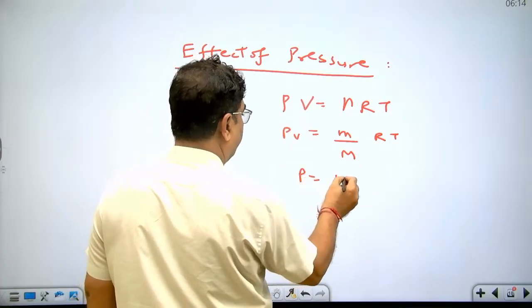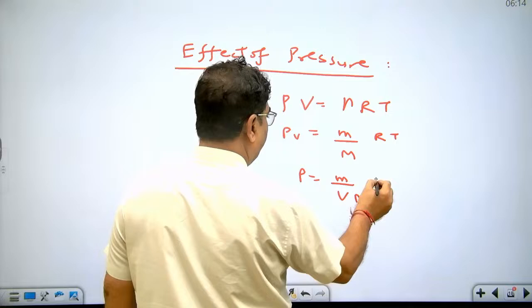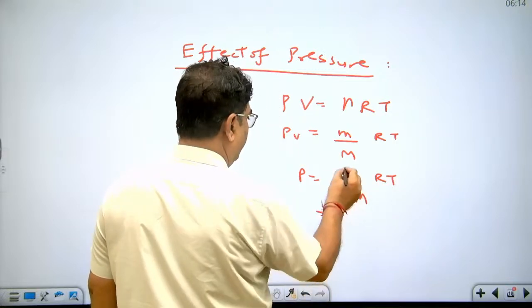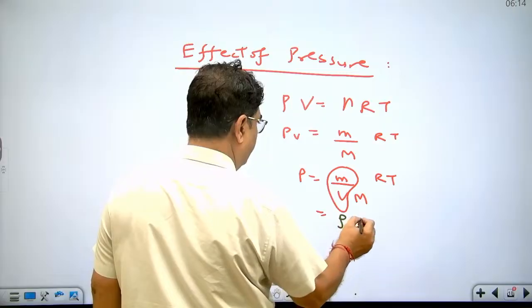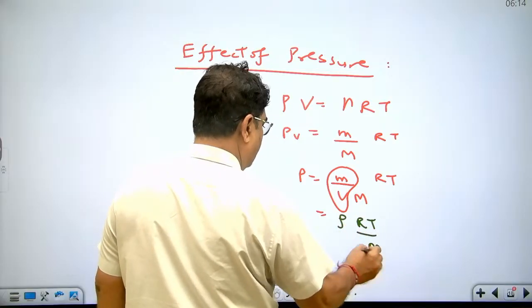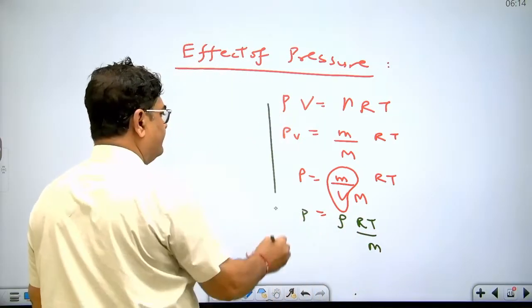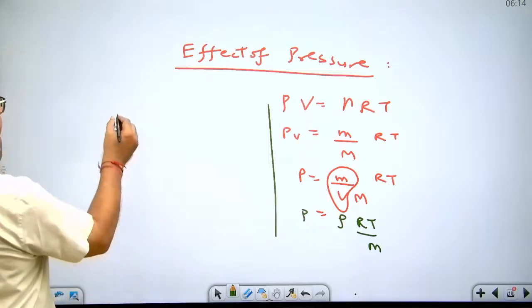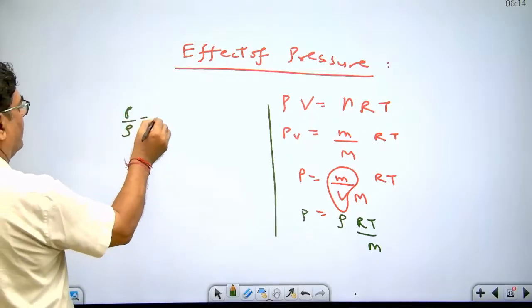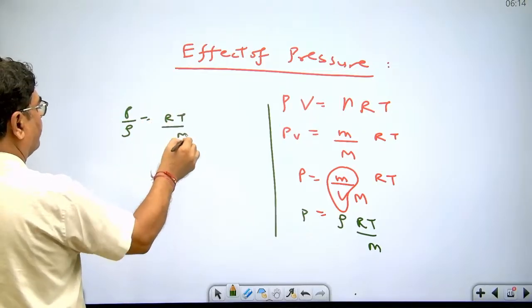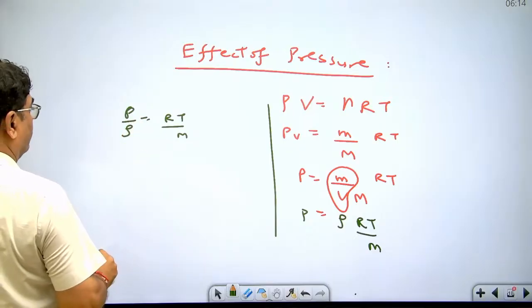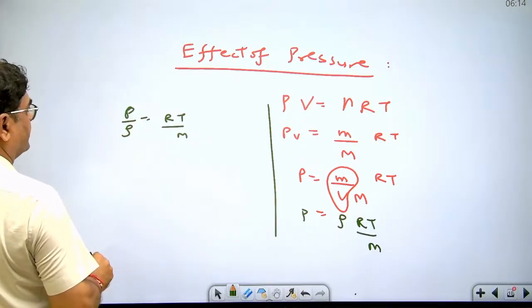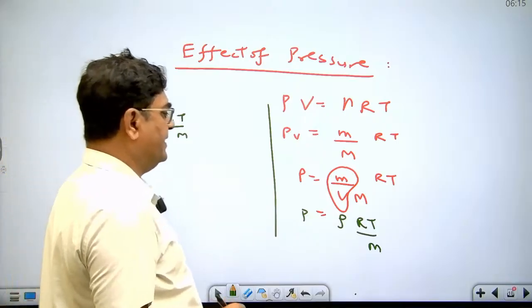So P equals m upon V times RT upon M, and m upon V is density. So you can write P upon rho equal to RT upon M. So there is no effect of pressure on speed of sound until temperature changes, okay.